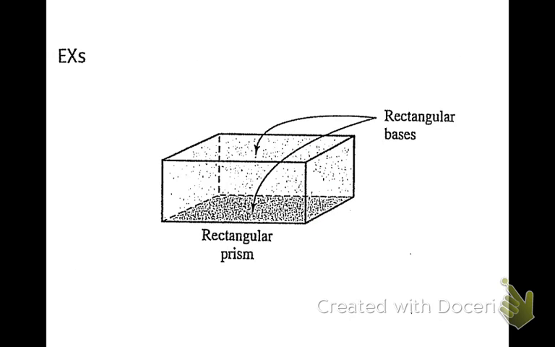Examples. This is a rectangular prism. The top and the bottom are rectangles. So based on that, we can call it the rectangular prism. The sides that aren't the bases are called the lateral faces. This is a lateral face.